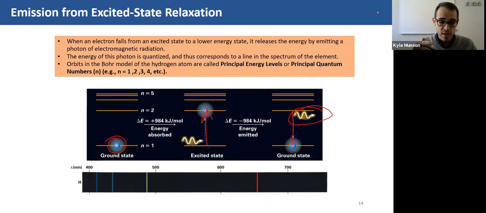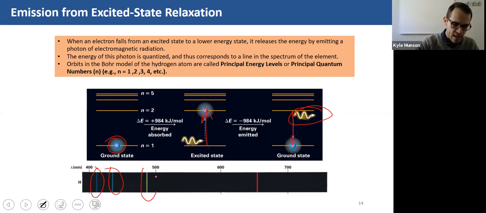It corresponds to the line spectrum of each element and depends on the specific energy level. You get different lines for these different energy levels. Each one of these lines corresponds to a different energy level for the hydrogen atom.